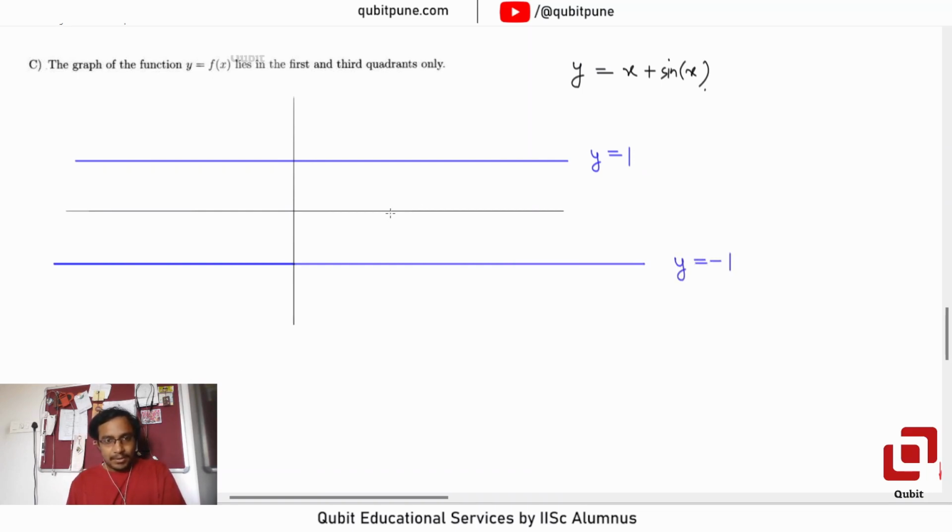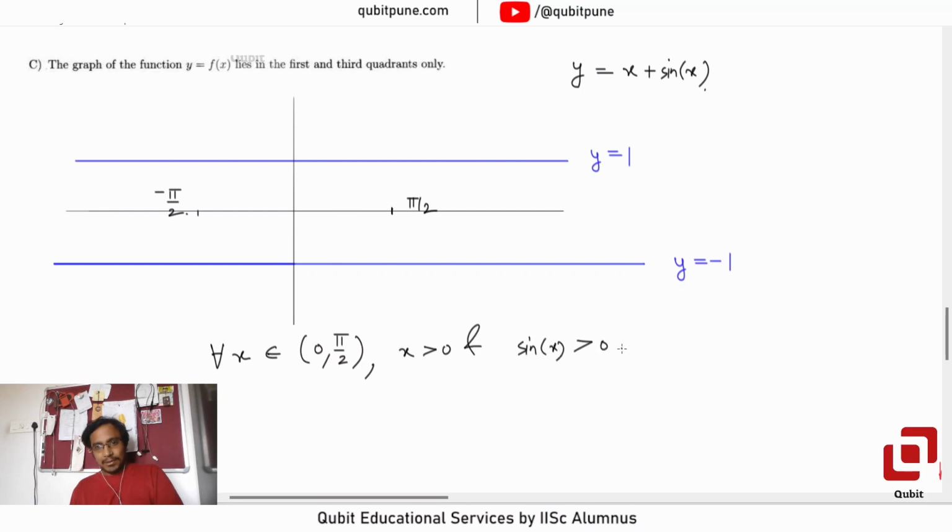Suppose this is pi by 2 and this is negative pi by 2. Now look, for all x in the interval 0 to pi by 2, x is positive and sin x is also positive. Therefore, x plus sin x will automatically become positive.